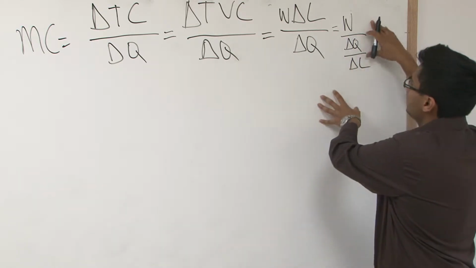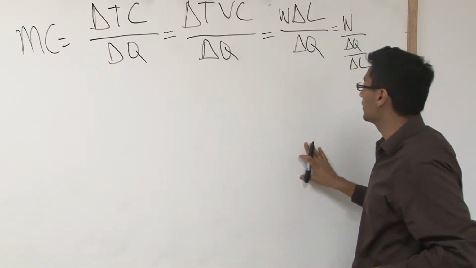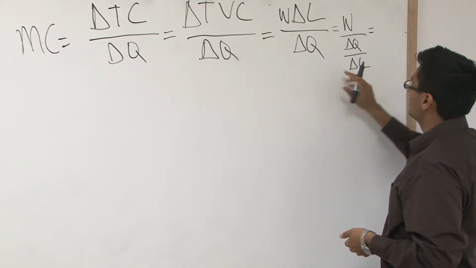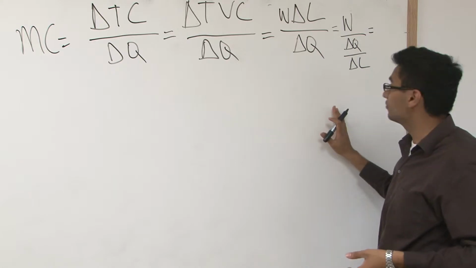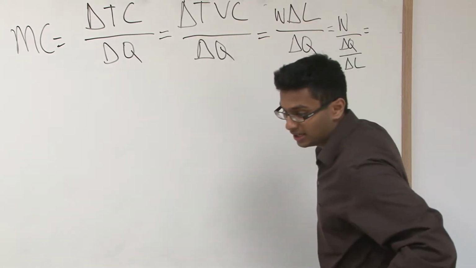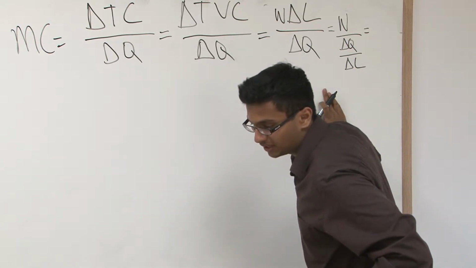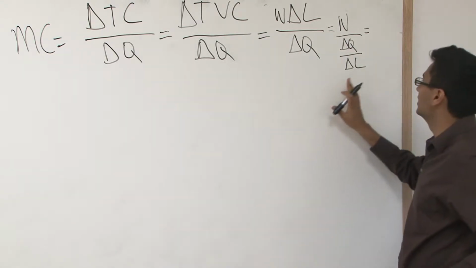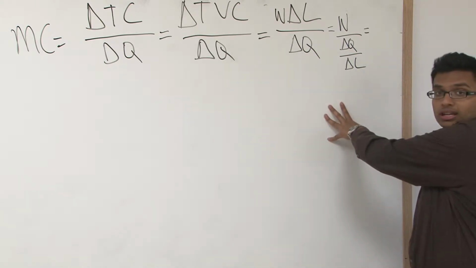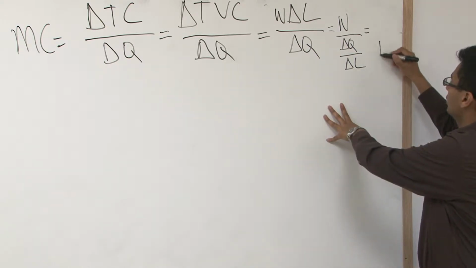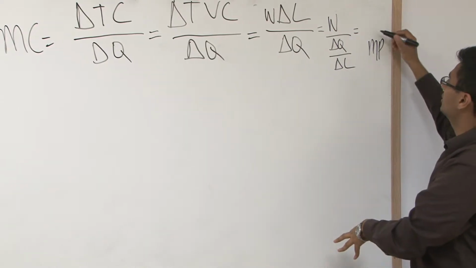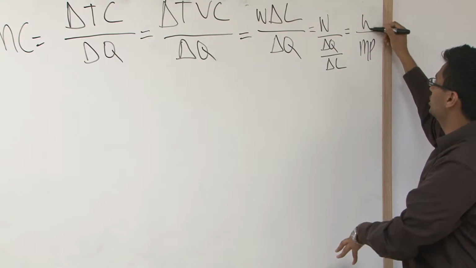So it works out that delta Q over delta L, the change in quantity over the change in labor, is actually marginal product, MP. And so this is W over MP.